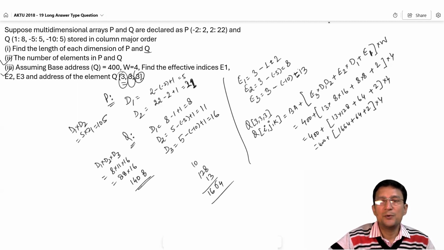So 1664 plus 66, 1730. So 1730 multiplied with 4. So this will be 6920. If you add 400 in this, it will be 7320. So this is the address of the given element.